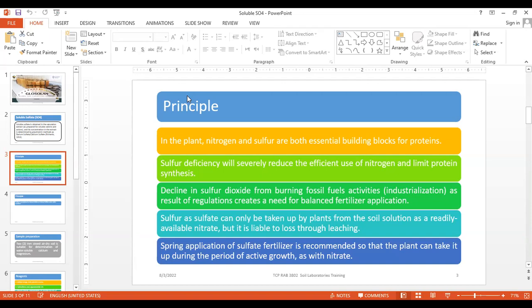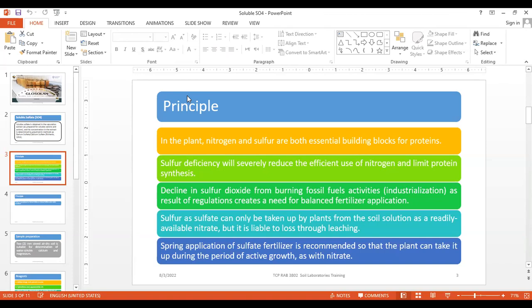Spring application of sulfate fertilizer is recommended, so the plant can take it during the period of active growth, together with nitrate.